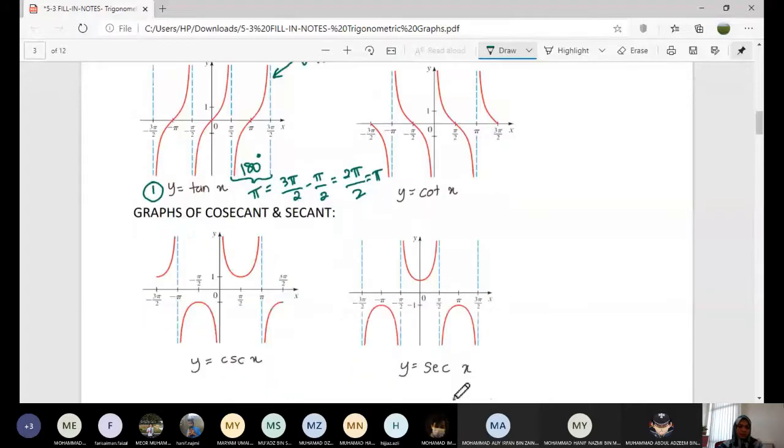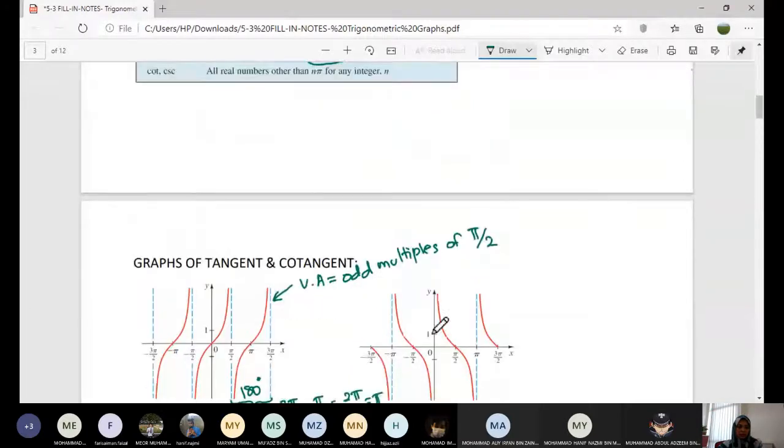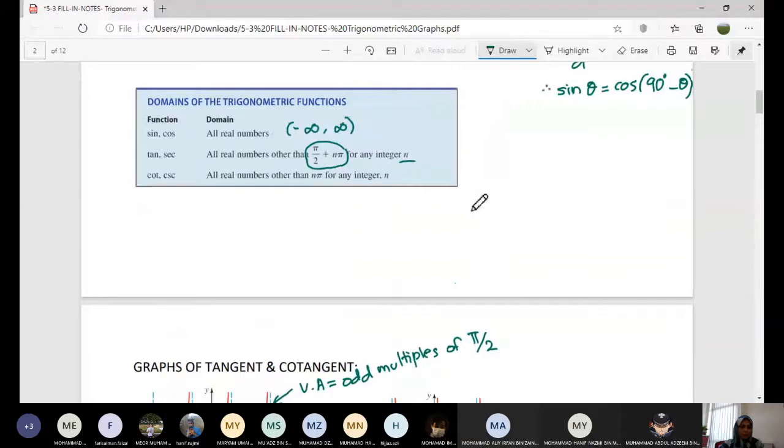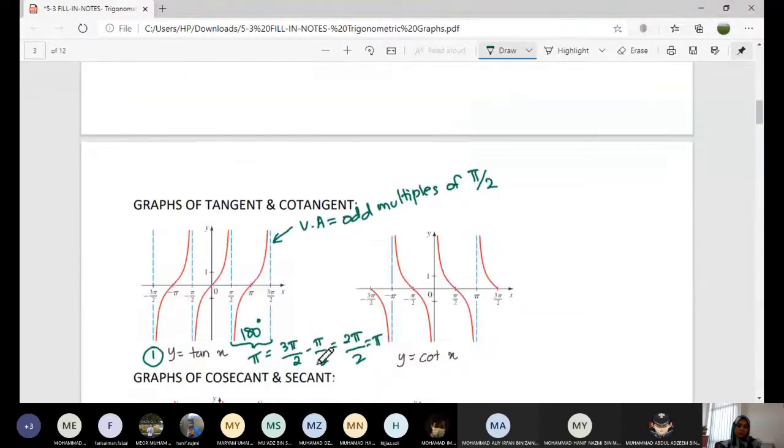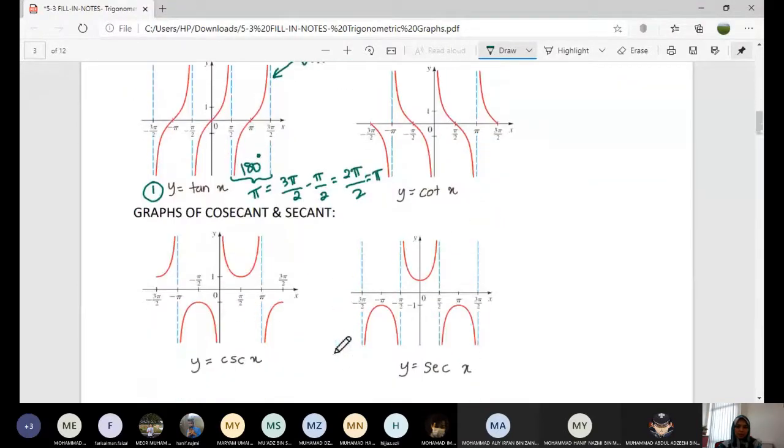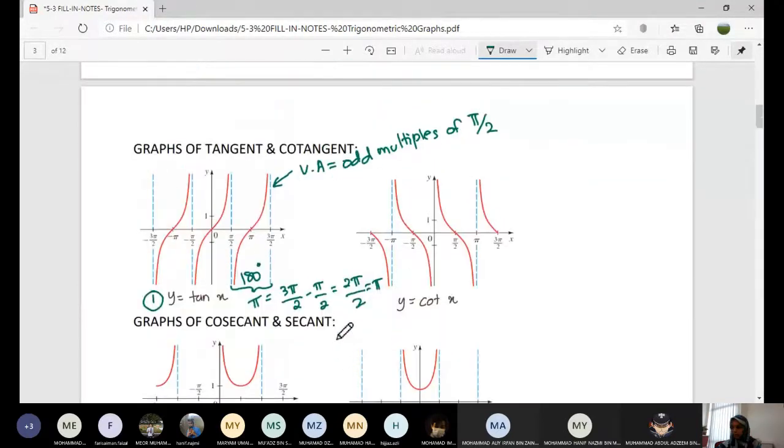This is for tangent. And for secant, just now we looked at the domain. We want to look at the domain for tangent and secant. We have the same thing, the vertical asymptotes: they are the odd multiples of pi over 2.